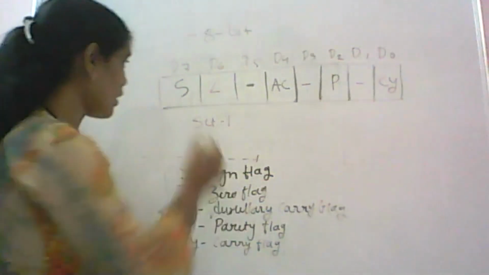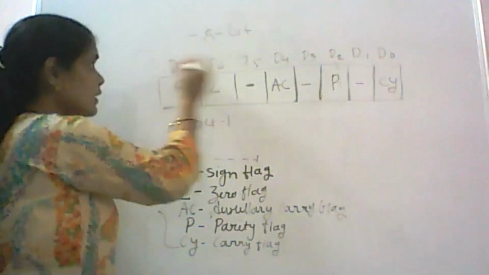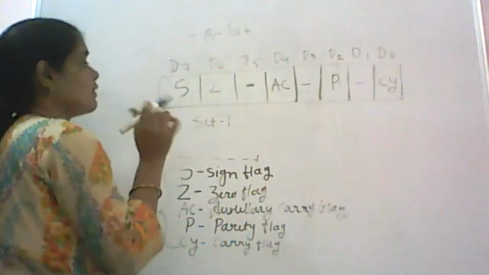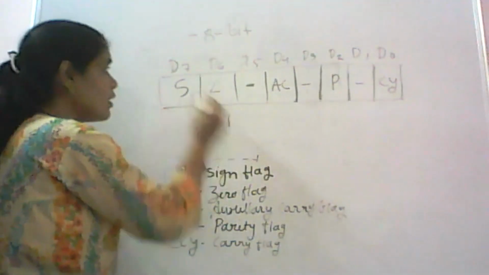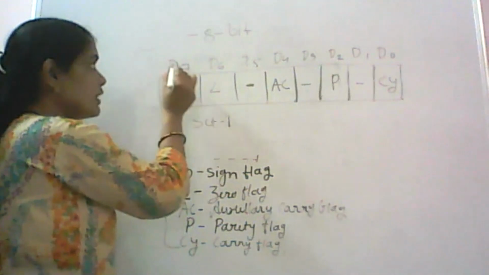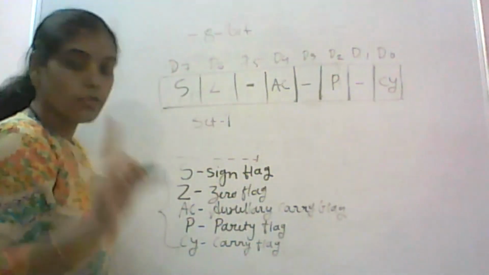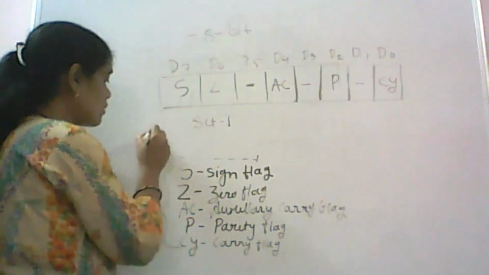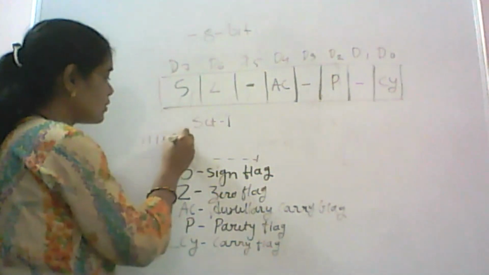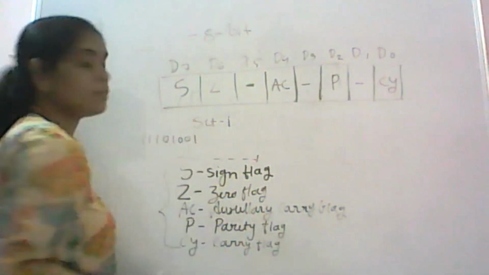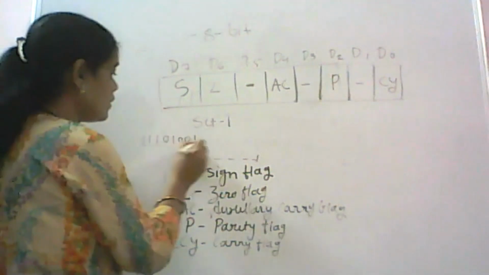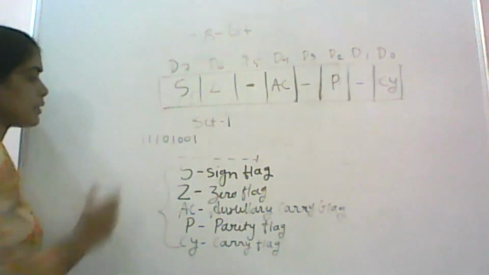यहाँ पे ये कौन से बिट है D0 to D7. साइन फ्लैग कब सेट होगा? If D7 bit is 1. For example, take a result; this is the 8 bit.